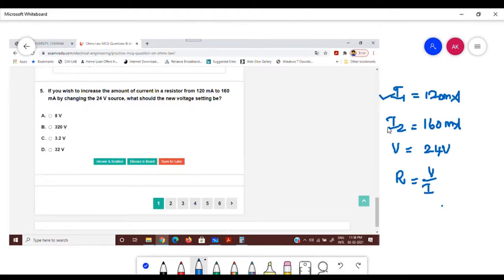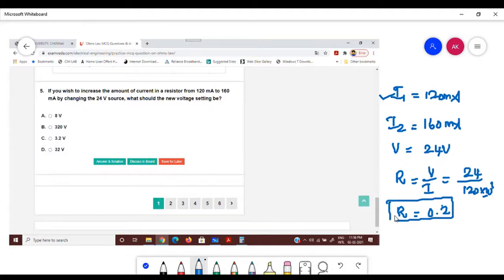We are asking, if you wish to increase the current in a resistance from 120 to 160, what will be the new voltage? So to find the resistance, R is 24 divided by 120 times 10 to the power minus 3. It will be around 0.2, right? So the resistance value is 0.2.